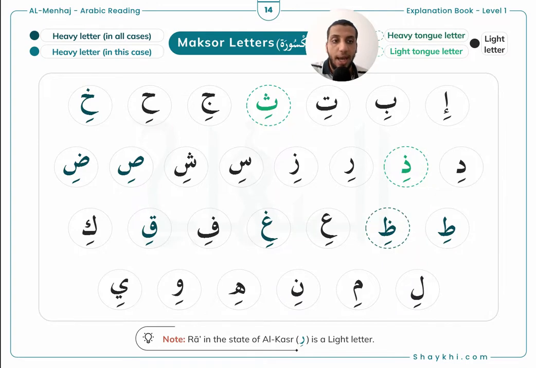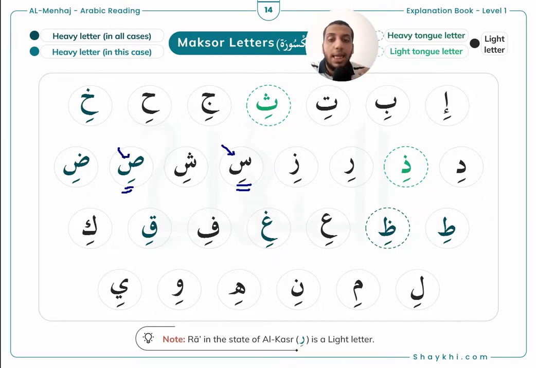Next we have this letter and this one. This one is light and this one is heavy. T, T, light and heavy. Also the next one: this one is light and this one is heavy.